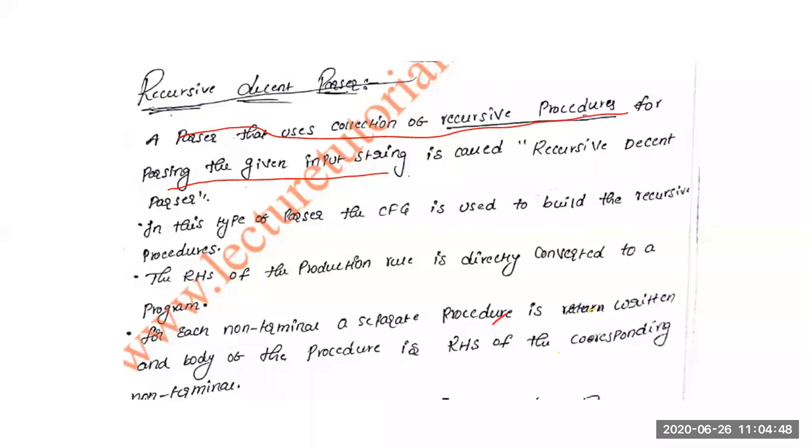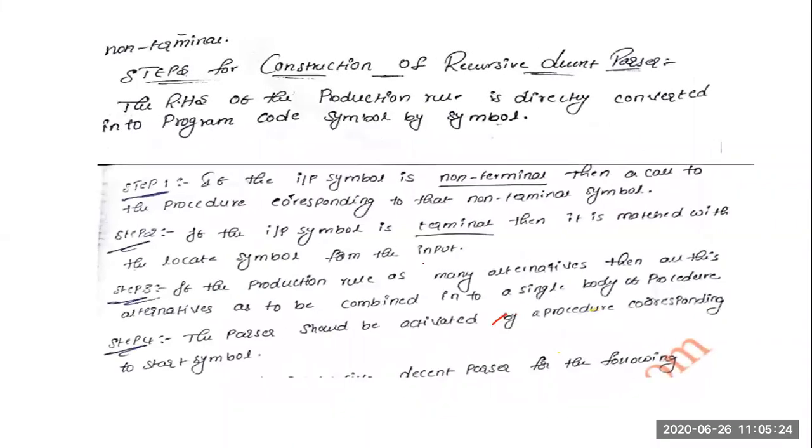The RHS of every production rule is directly converted into a programming statement. For each non-terminal, a separate procedure will be written.